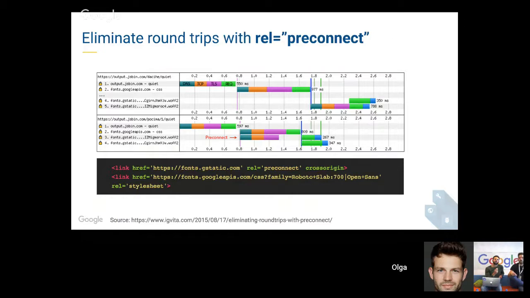One good example here would be when you load a web font, for example, from the Google server. You see it in the first, so we've got two waterfalls, the top one and the bottom one. In the top one, we load the CSS for the font, because whenever you load a web font, you first need the CSS, and then the CSS tells the browser, okay, now I need that particular font file to render the text in that font.